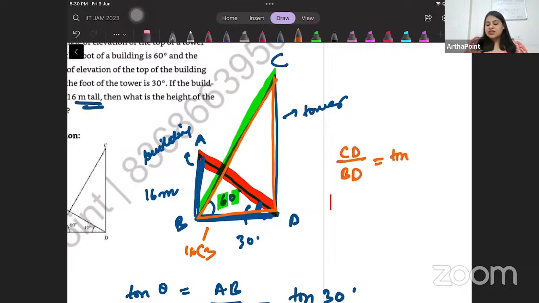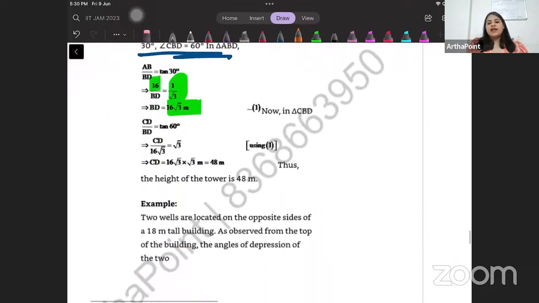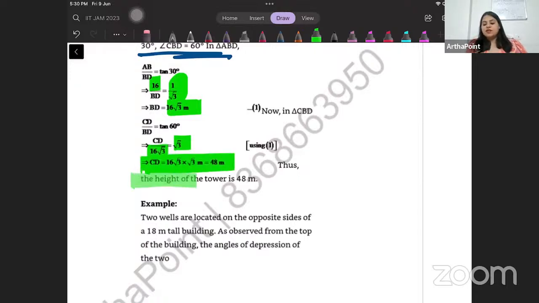This will be tan 60 degrees, perpendicular by base. Tan 60 we also know, and BD we know, so we can find CD. Tan 60 is root 3, BD we know as 16 root 3. So CD we can find out as 48 meter. That will be the answer to this question.